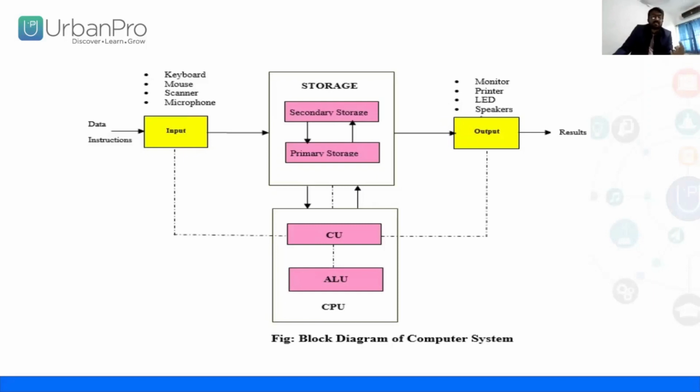So here the control unit is connected to the input unit, and the control unit controls the flow of instructions. When the keyboard is inserting data into the storage unit, the control unit controls the flow.